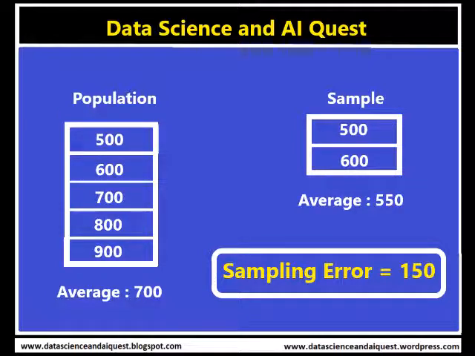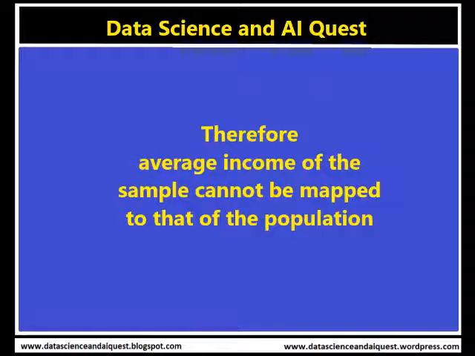Here in this example, one can see that the difference between the true value and the estimated value is 150, which is quite large, and hence the average income of the sample cannot be taken as the average income of the population. Reversely, the average income of the sample cannot be mapped to the population's average income.